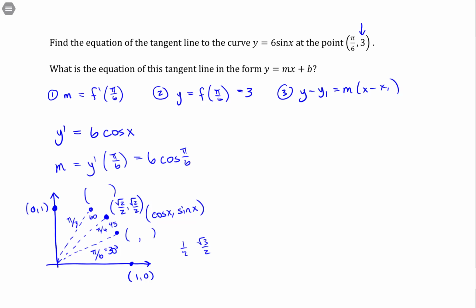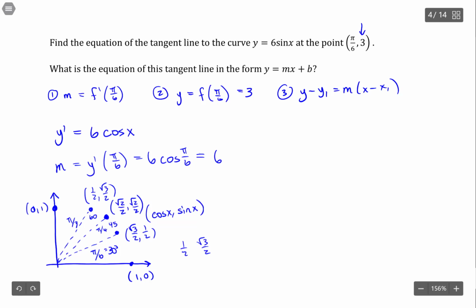So you go further in the x direction, so that's going to be the longer value. And then you go shorter in the y direction. And this one, you don't go as far in the x, so this one's 1/2, and then you go up further in the y, so root 3 over 2. So if you need to figure something like that out, there's no shame in it. That's perfectly fine. The most important thing is have a way of determining these values.